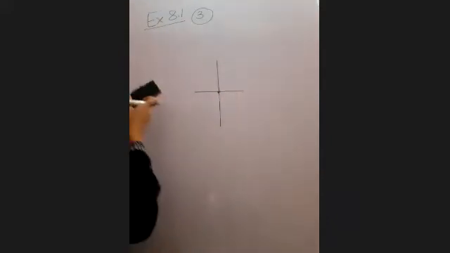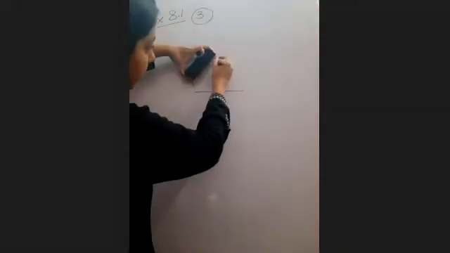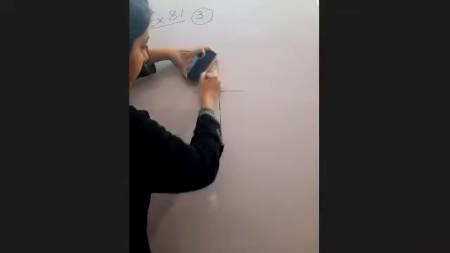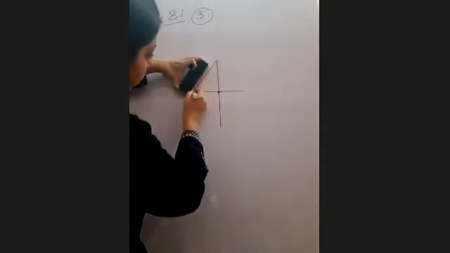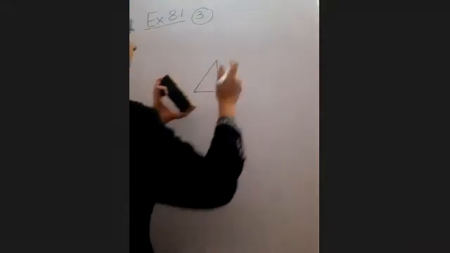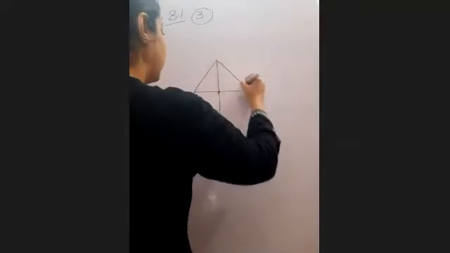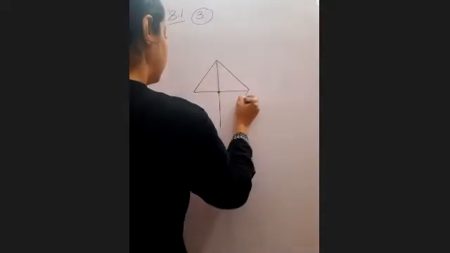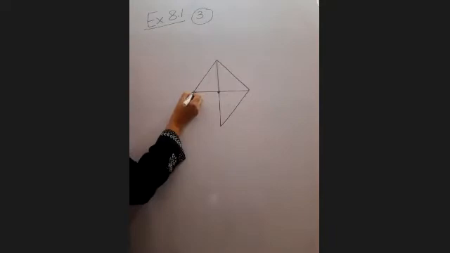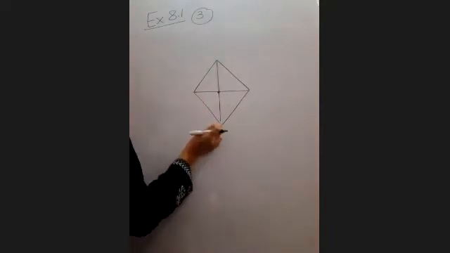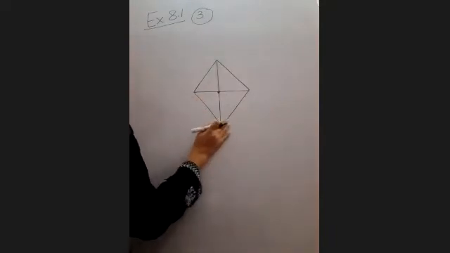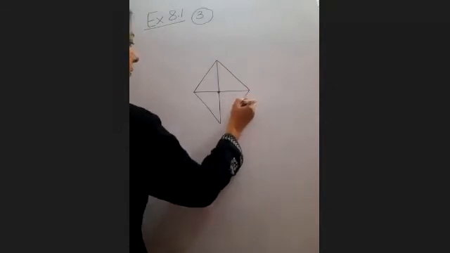Then you join them. It will be a perfect rhombus if you go this way. I'm joining like this only. If you use a scale and do it nicely, it will be a perfect rhombus.